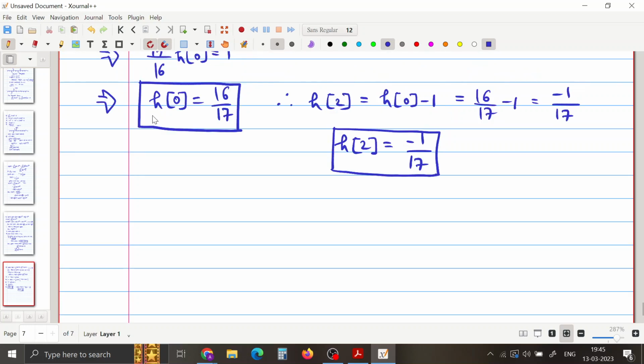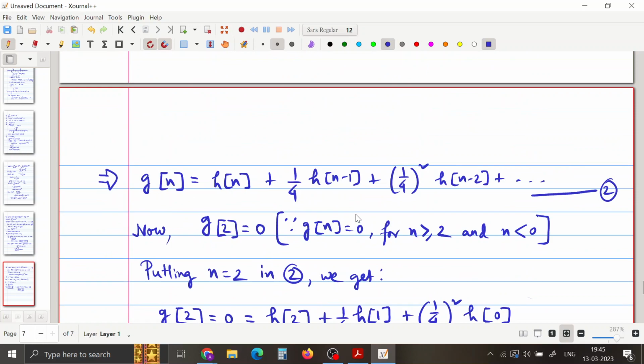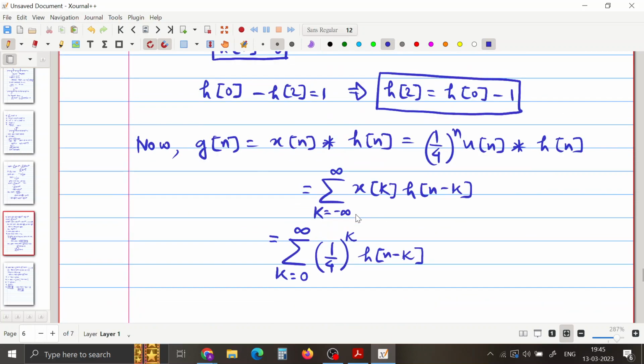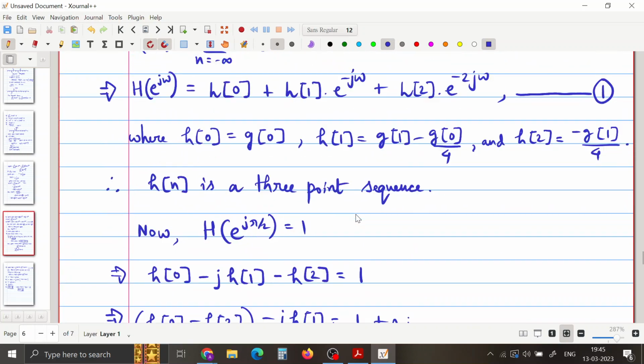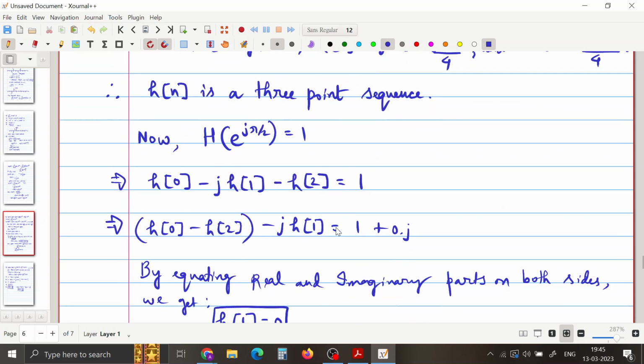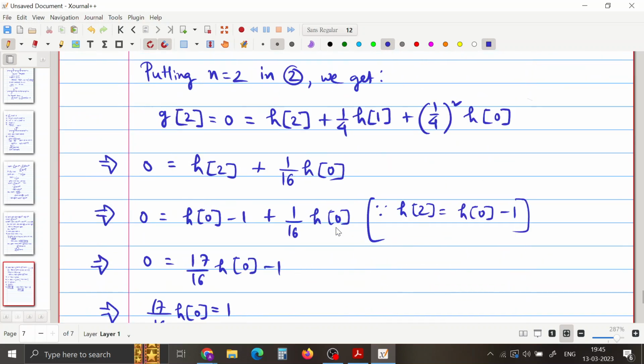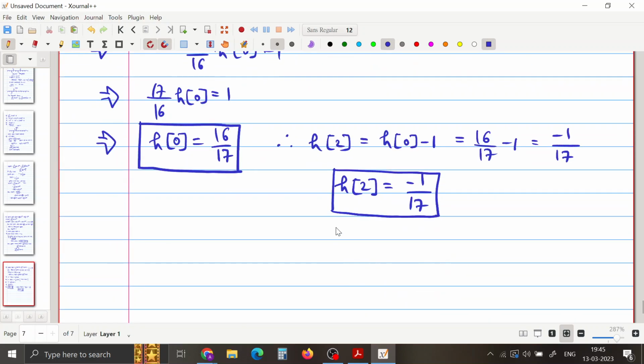Now we have h of 0 and h of 2, and h of 1 we already got as 0. So these are the only non-zero values, right?